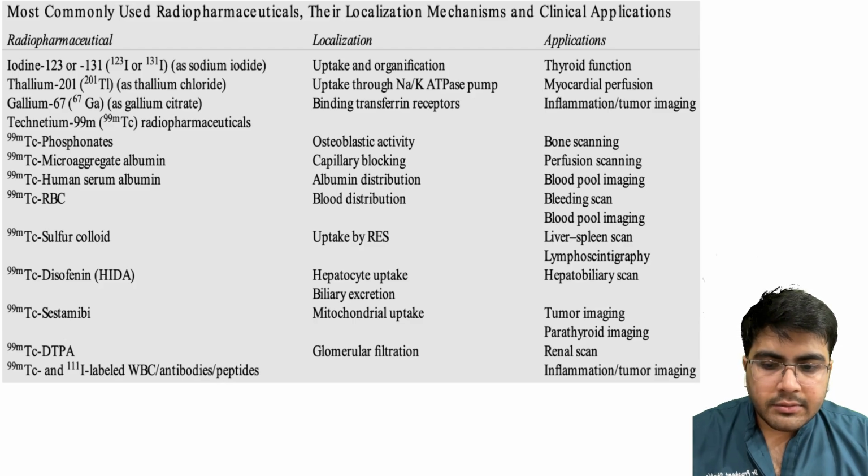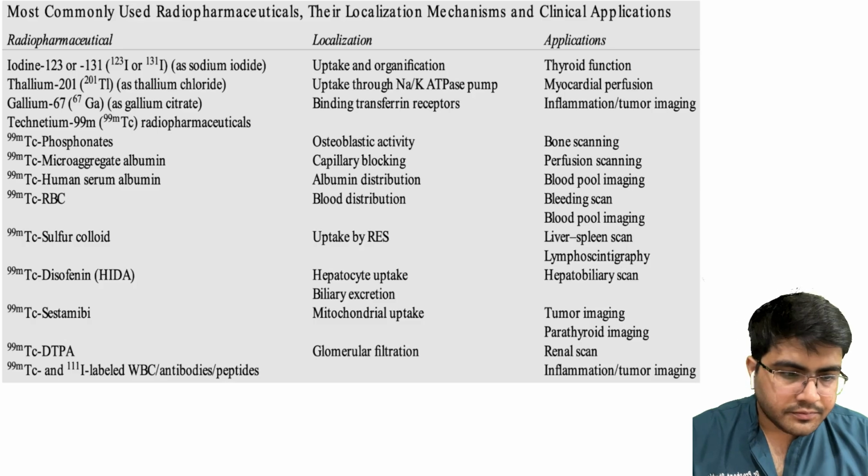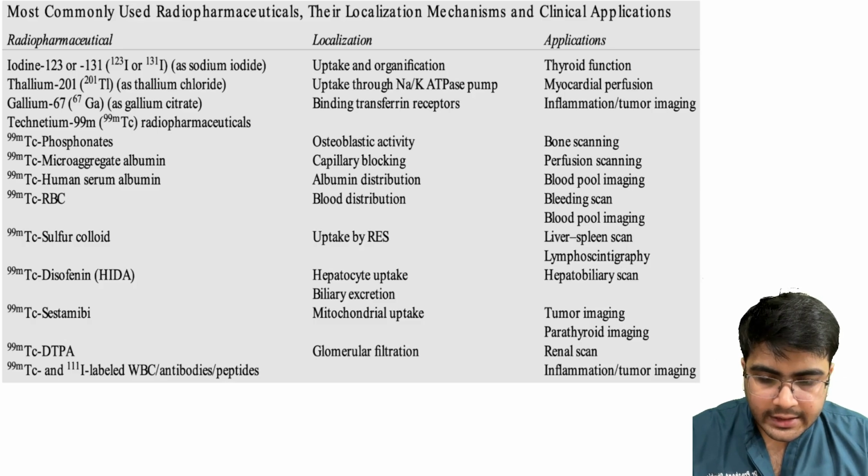Technetium 99 phosphonate is used for detection of osteoblastic activity, and it is used in bone scanning. Then we have technetium RBCs, used to detect bleeding and for blood pool imaging.